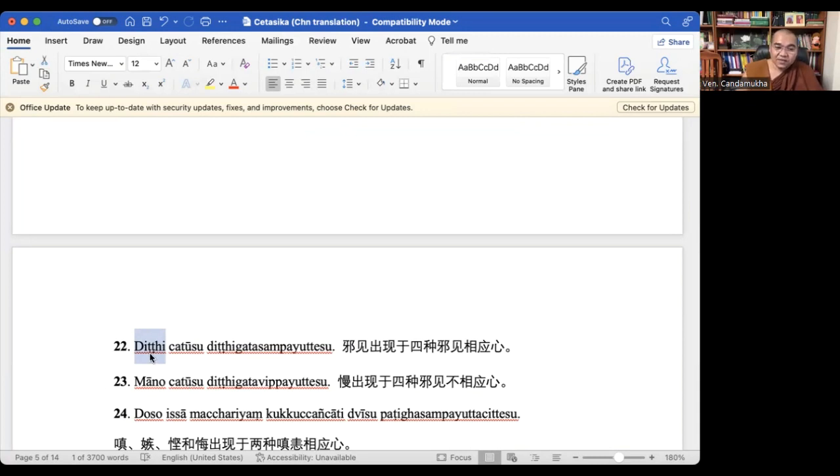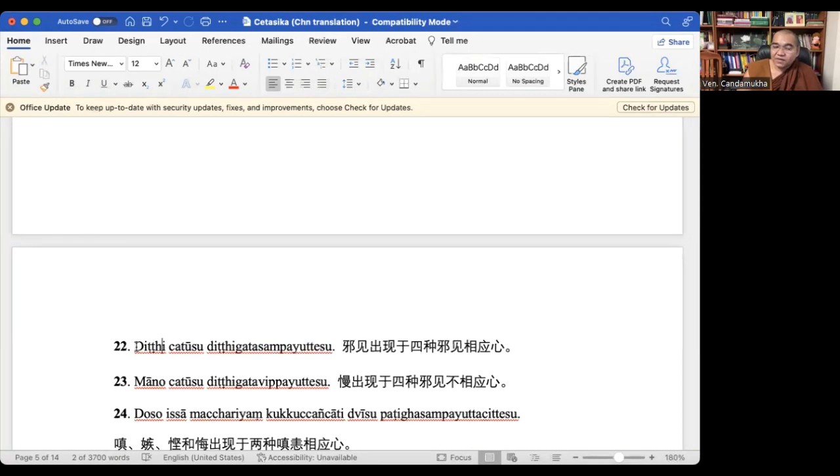So that's why ditthi associates only with the ditthigata-sampayutta cittas among the 8 Lobha-mula cittas. Ditthigata-sampayutta, associated with wrong view, is only 4. Ditthigata-vippayutta, dissociated from wrong view, is 4.